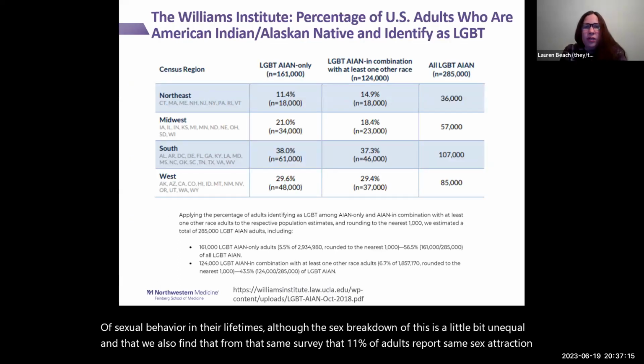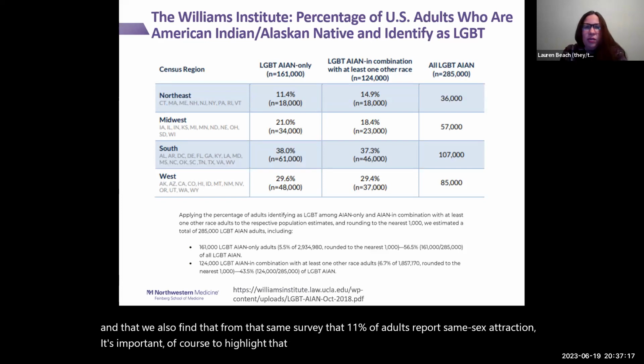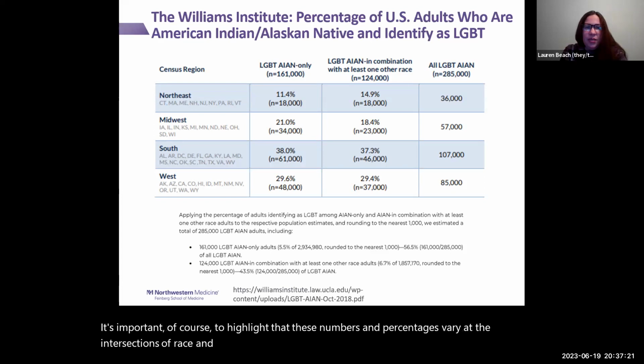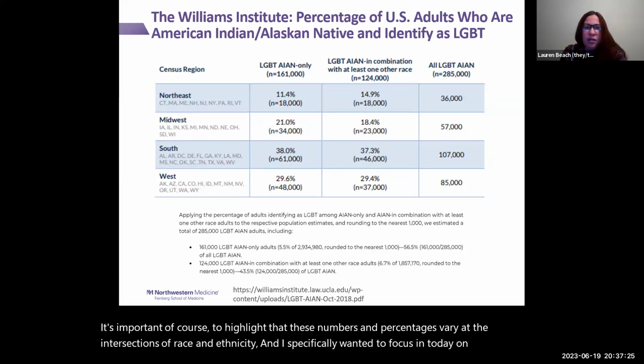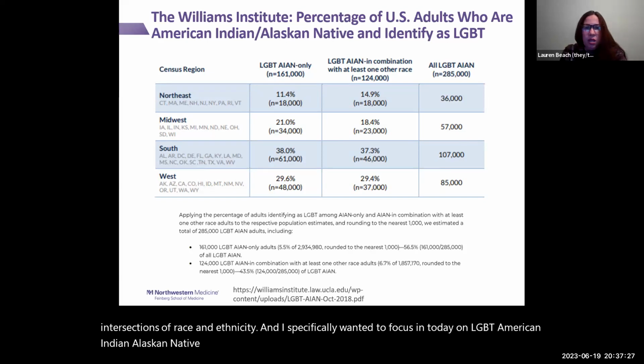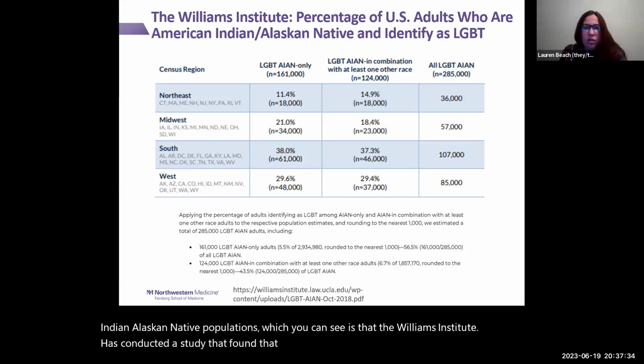It's important, of course, to highlight that these numbers and percentages vary at the intersections of race and ethnicity, and I specifically wanted to focus today on LGBT American Indian and Alaska Native populations. The Williams Institute has conducted a study that found approximately 285,000 individuals who are both LGBT and American Indian or Alaska Native are living in the United States today.